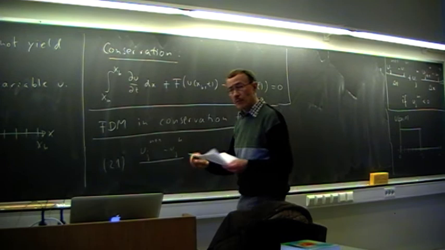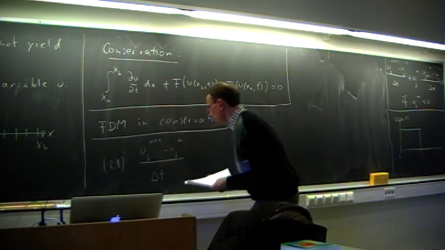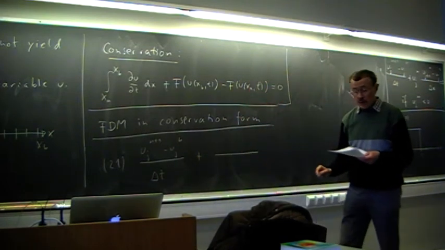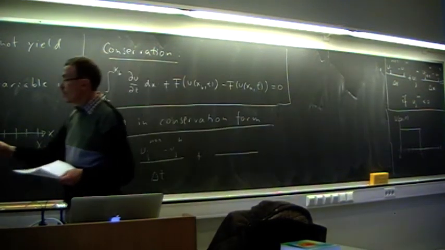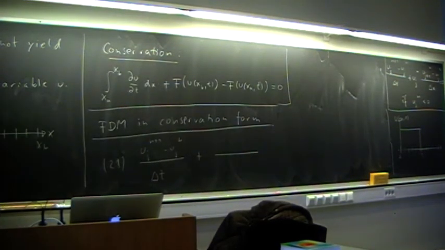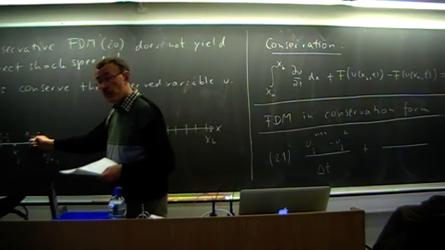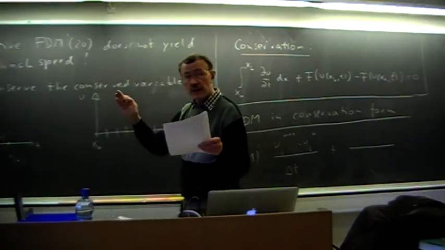There we have some freedom. Here we choose the explicit Euler for the illustration. But we choose the flux functions at these midpoints. So we choose the flux function here at the midpoint xj plus 1/2, and we choose the flux function here. Then we take the difference of that.